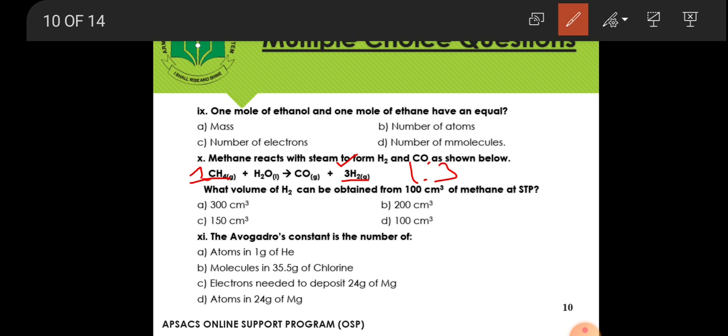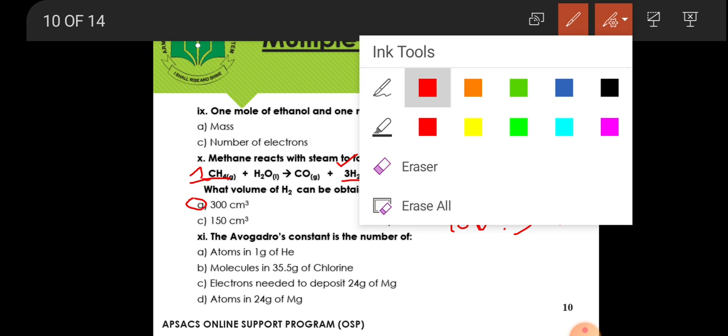So if 100 centimeter cube of methane is involved, then 300 centimeter cube of hydrogen is produced, because the ratio of methane to hydrogen is 1:3. So A part is the correct answer.